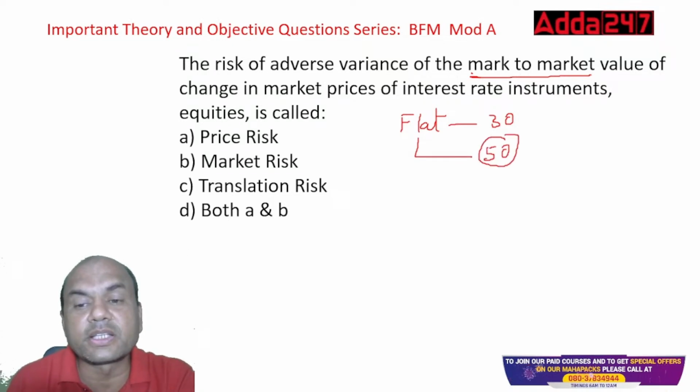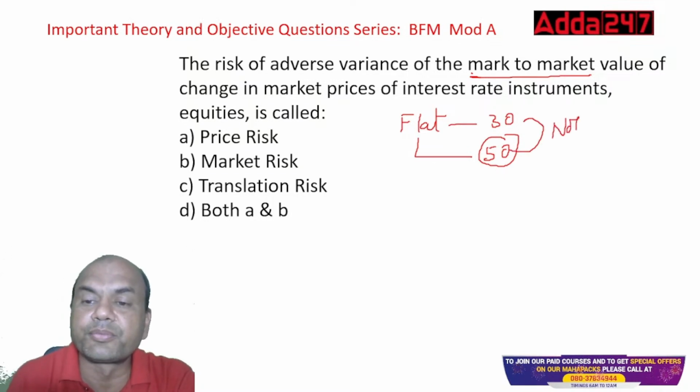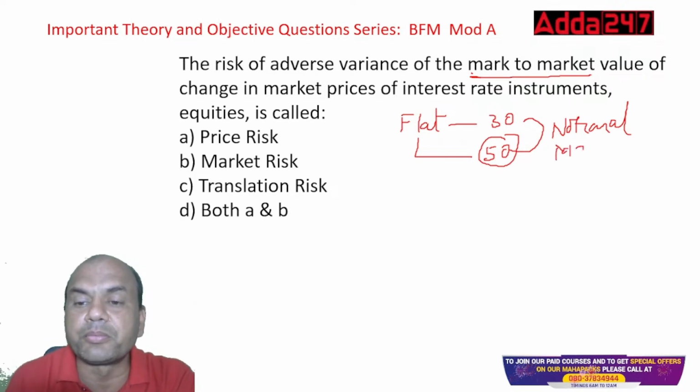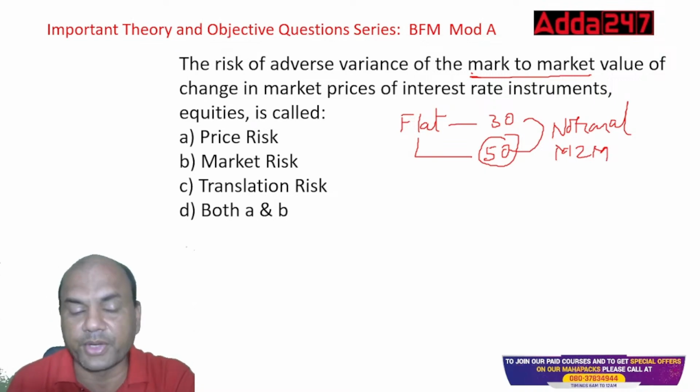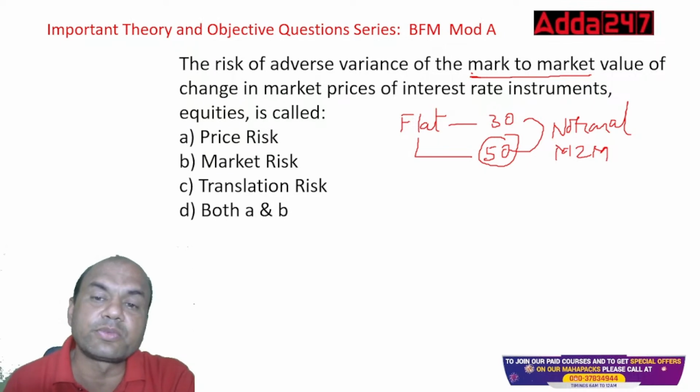This difference is known as notional, or mark to market, M to M. M to M means the rate at which I bought versus the present value of my security.